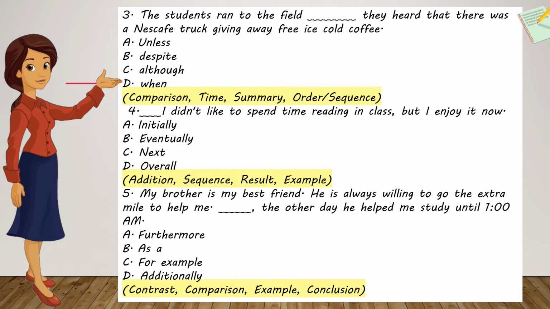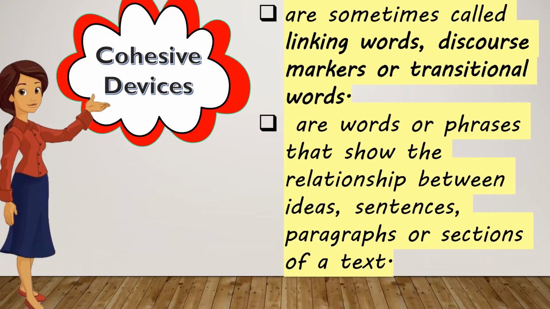And number 5, my brother is my best friend. He is always willing to go the extra mile to help me. Blank, the other day he helped me study until 1 a.m. A, furthermore. B, as such. C, for example. D, additionally. Okay, so you're going to submit your answers to your teachers.